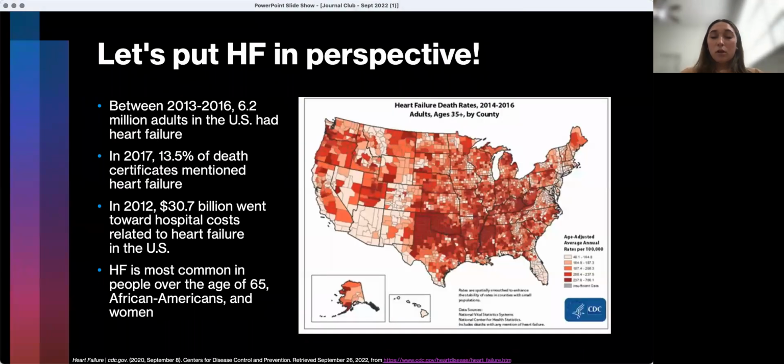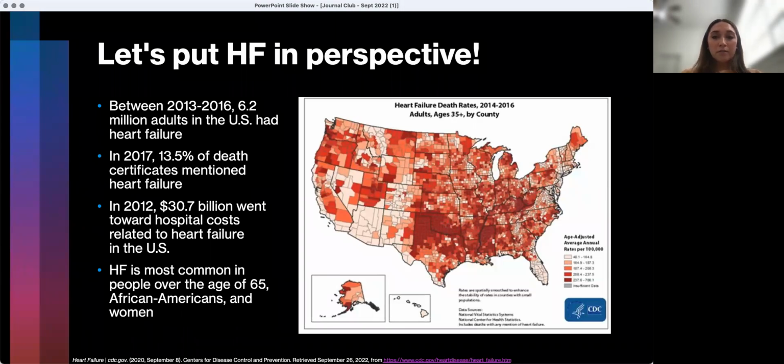So let's put heart failure in perspective, at least in the United States. Between 2013 and 2016, 6.2 million adults in the US had heart failure. In 2017, about 13.5% of death certificates involved some mention of heart failure.